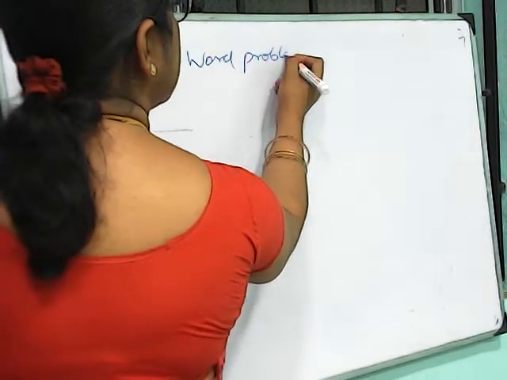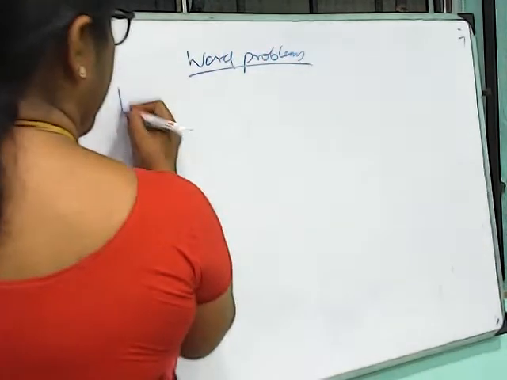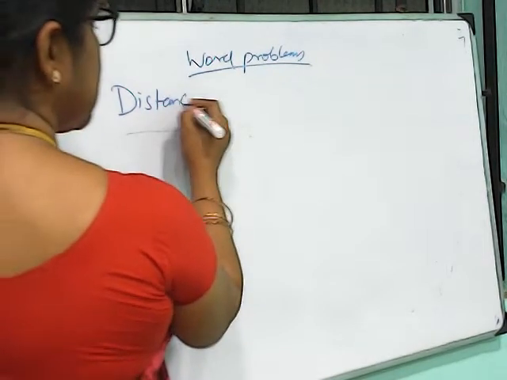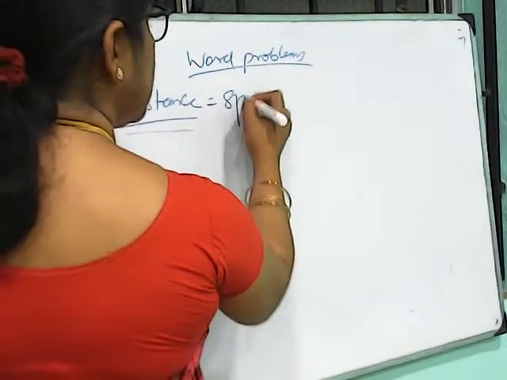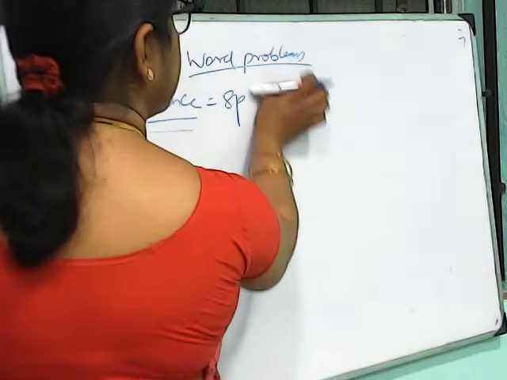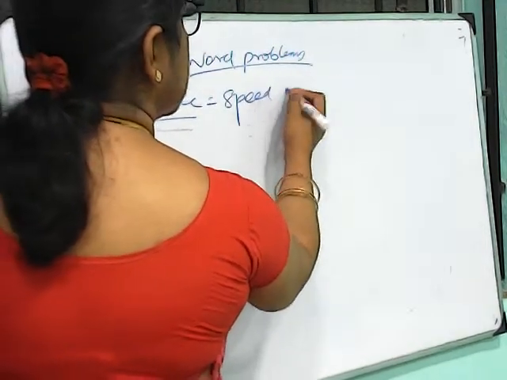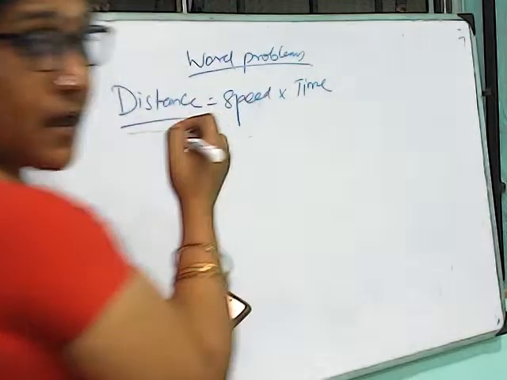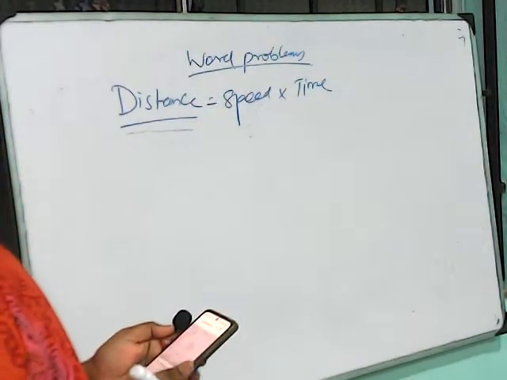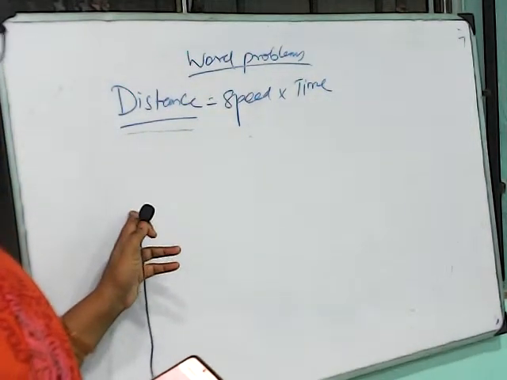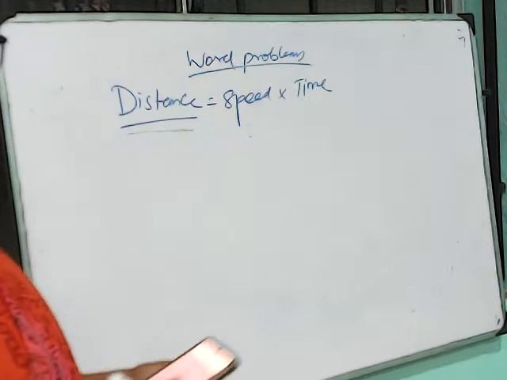Word problems, and coming to word problems, you need to know this formula, that is distance. The distance is equal to speed into time. Okay, this is an important formula. You will get problems related to that distance and speed formula.